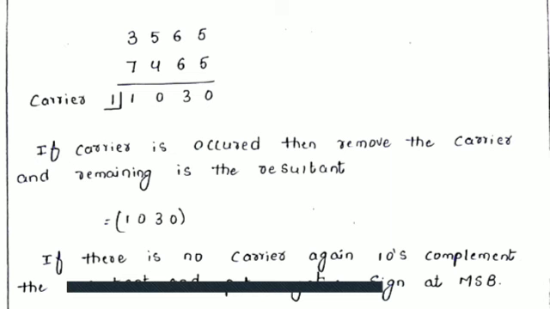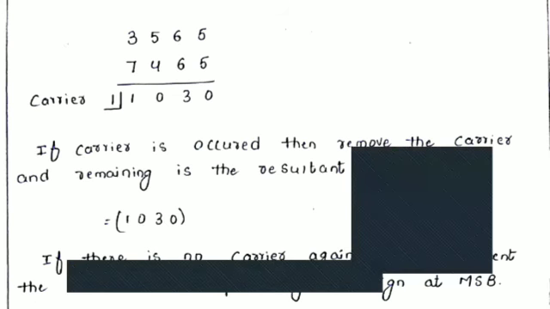If carry is not generated, we need to take the 10's complement of the result and put the minus sign before the MSD, the most significant digit. So like this, you can perform the subtraction using all the complement methods.